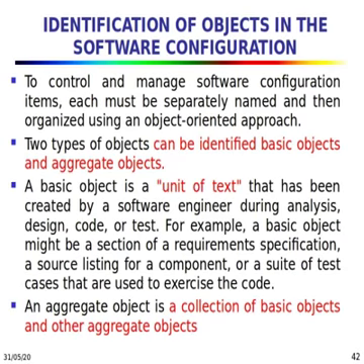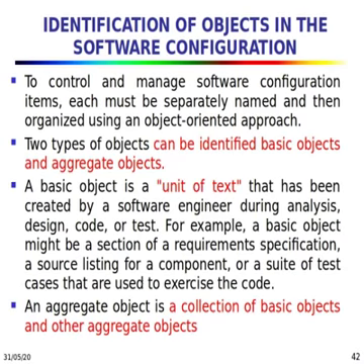Two types of objects can be identified: basic objects and aggregate objects. A basic object is a unit of text that has been created by a software engineer during analysis, design, code, or test.